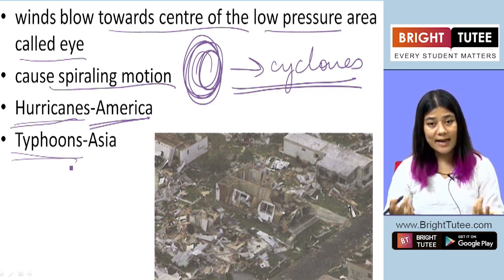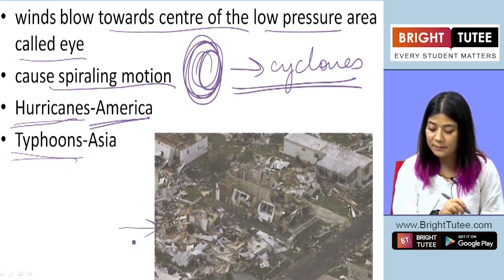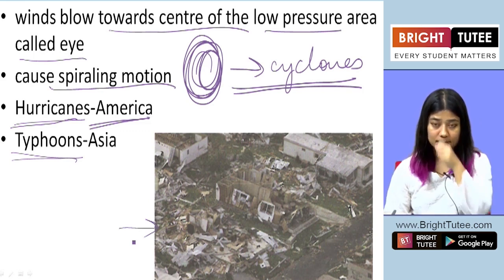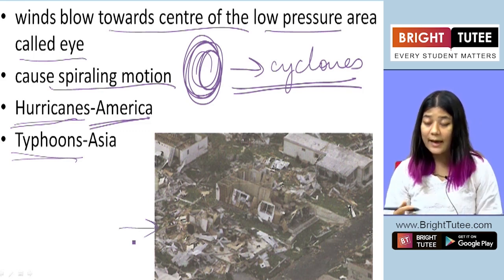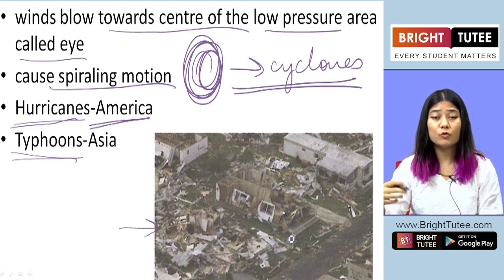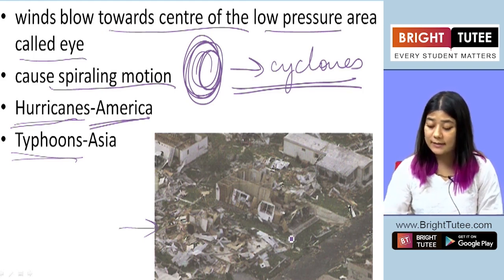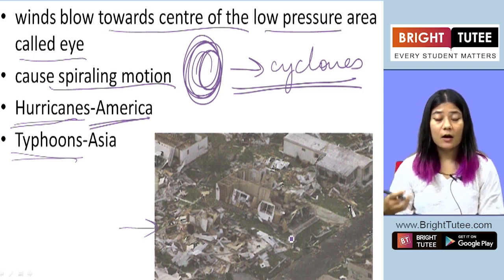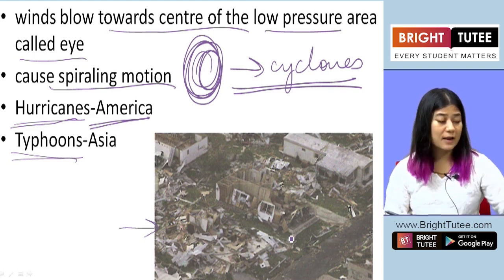Now cyclones also, as you can see from this image, cause large scale destruction and loss of life. Here you can see such rapid and speedy motion of the wind. It causes destruction of a large area and also leads to loss of life.